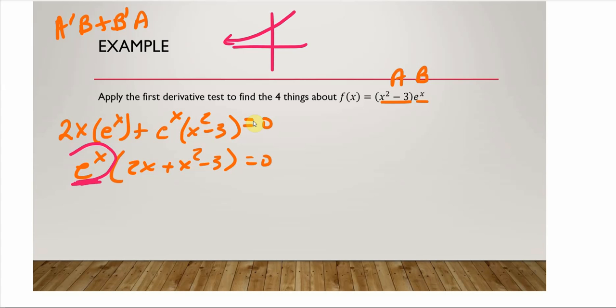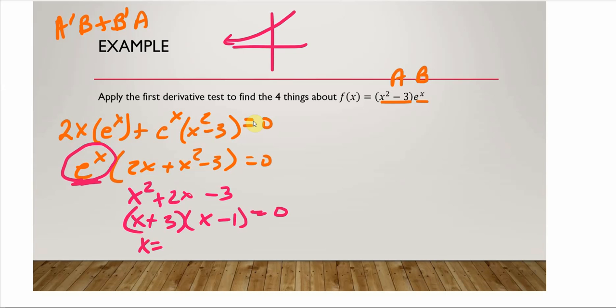So that means that I'm left with x squared plus 2x minus 3. I'm going to factor that, and I hope it factors: x plus 3, x minus 1 equals 0. And now I have x equals negative 3 and x equals 1. Oh my gosh, these are my CPs. So I am now able to find my CPs.